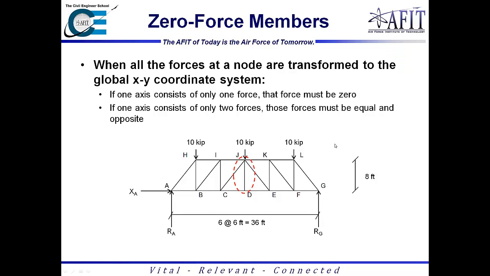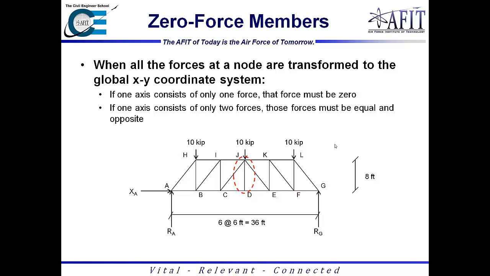One thing I will mention, as I alluded to earlier, is that there are zero force members in trusses typically, and they usually occur when you look at a node and one axis consists of only one force, then that force must be zero. Similarly, if one axis consists of 2 forces, those forces must be equal and opposite.